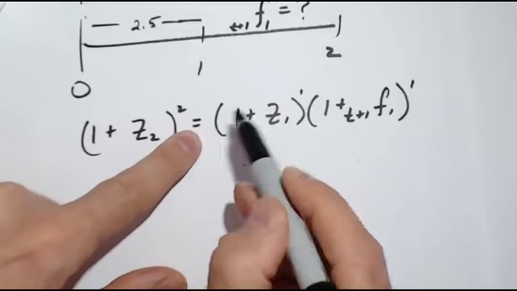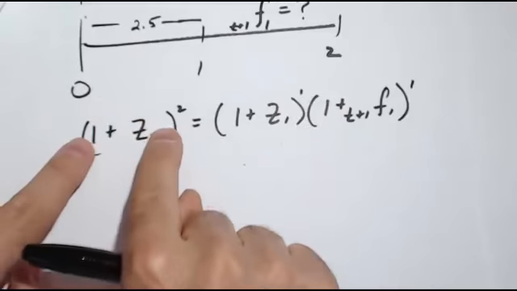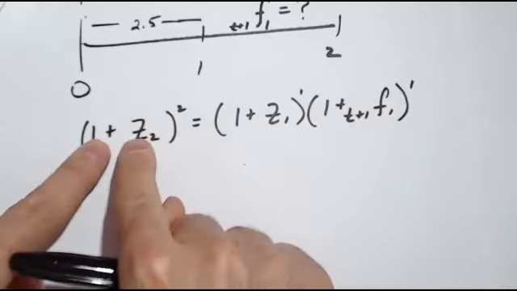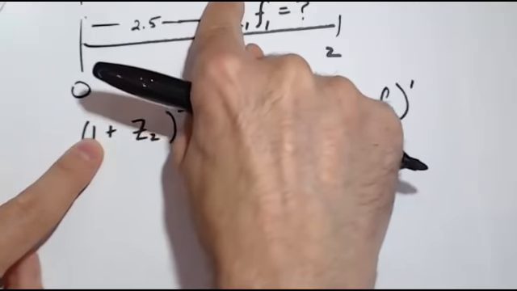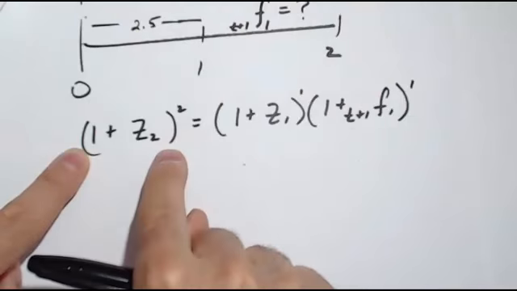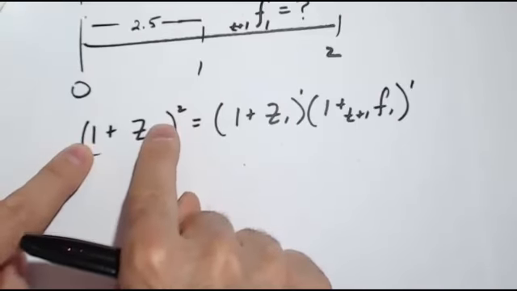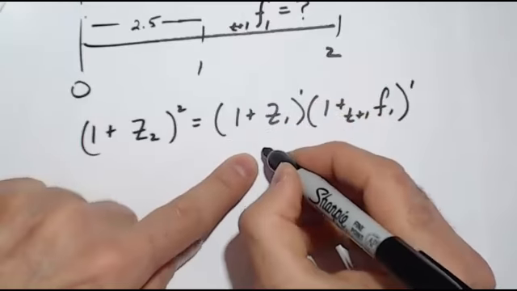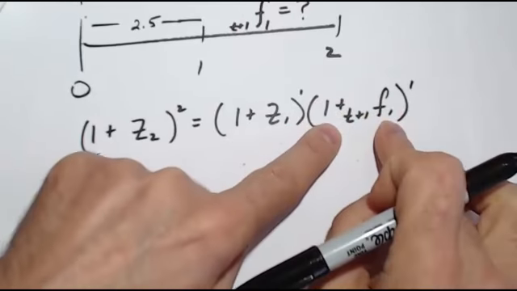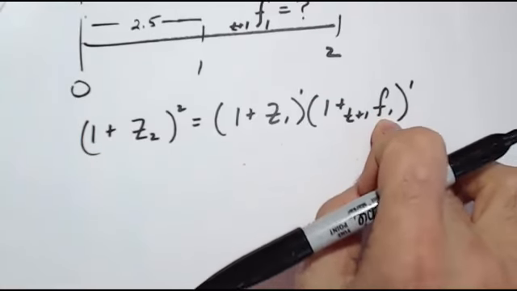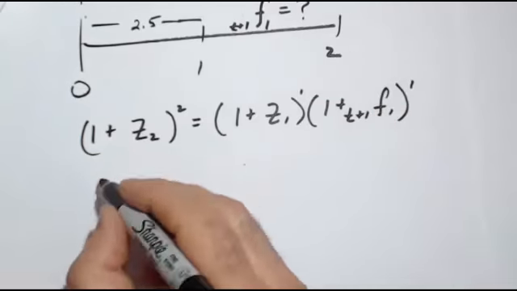It equals, meaning we're indifferent between doing this versus doing this. So we're indifferent between investing in the 2-year instrument at 6% for 2 years, versus investing for 1 year at this rate, and this rate is 2.5%, and then reinvesting it at this rate for 1 year from now. So let's put the numbers in.